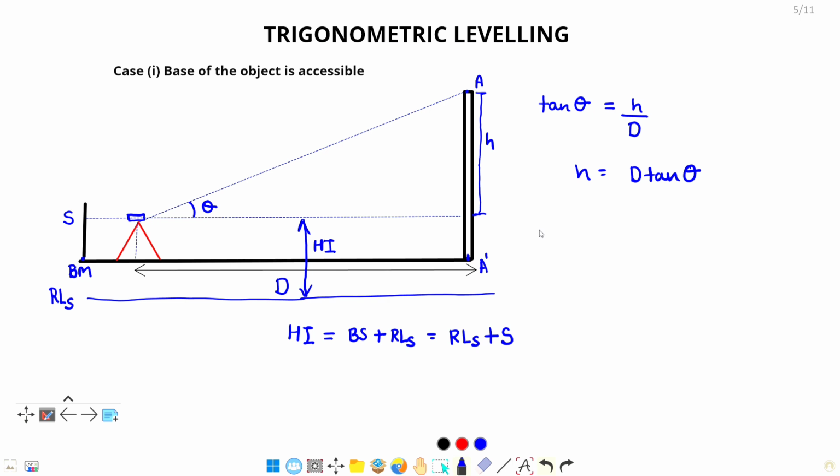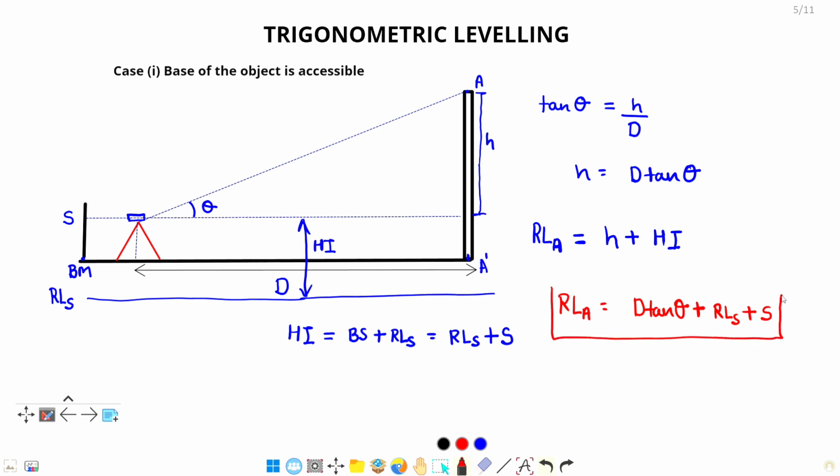So we can write down RL of A will be equal to h plus height of instrument, and finally our RL of A will come out to be d tan theta plus RL of benchmark, that is RLS, plus backside at benchmark.